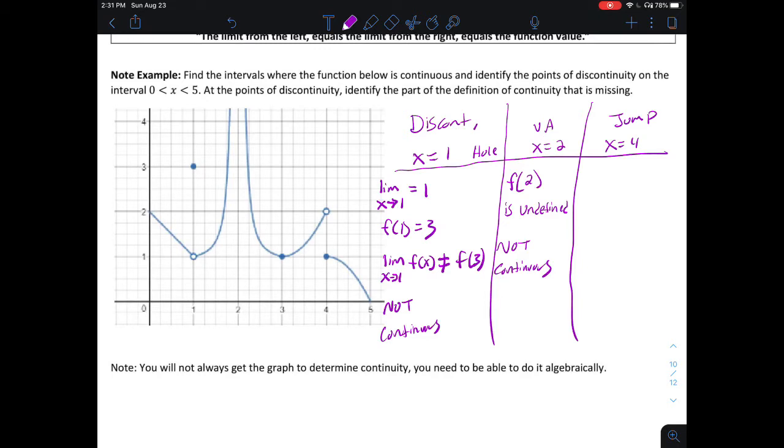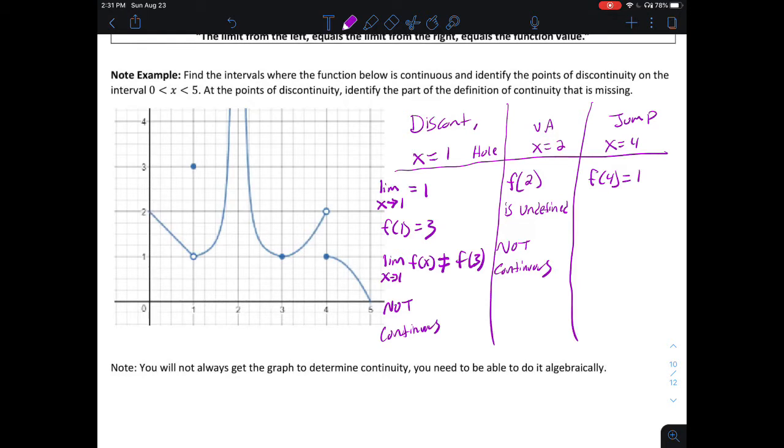And lastly, we have the jump discontinuity at x equals 4. Now I look and I see, unlike at x equals 2, the function is defined here at 4. In fact, it's defined as having a value of 1, so f of 4 is equal to 1. So it met one part of the requirements in order to be continuous.